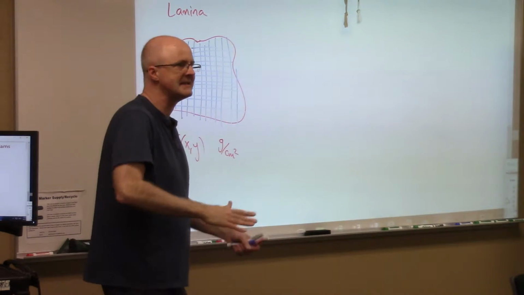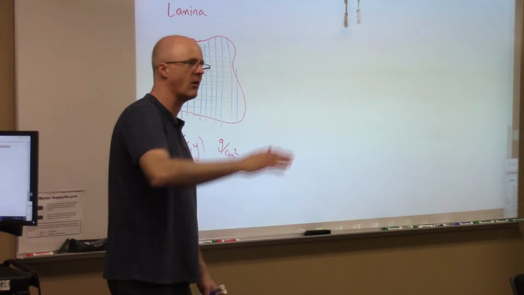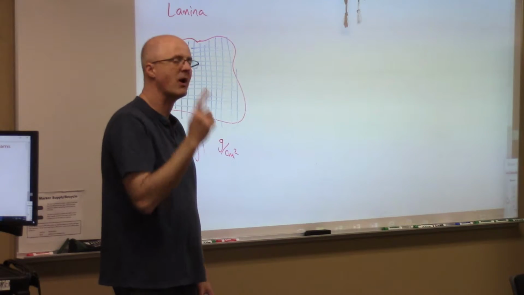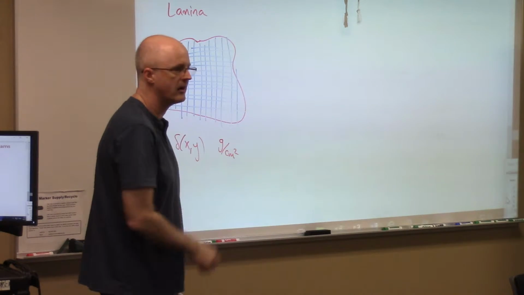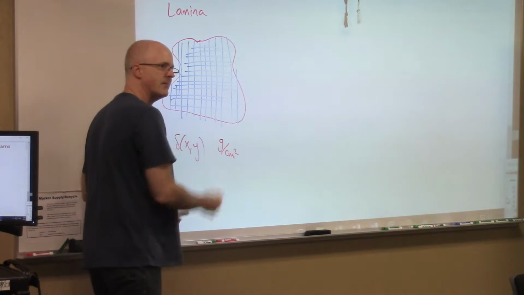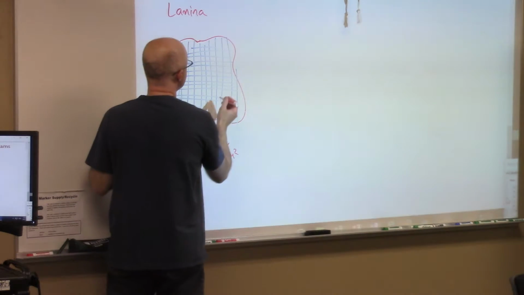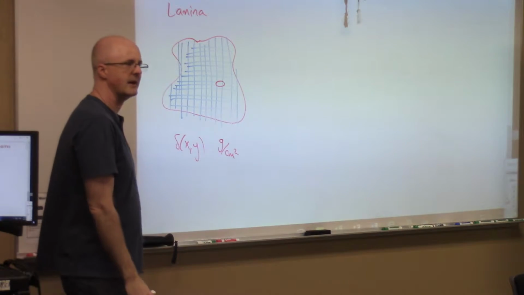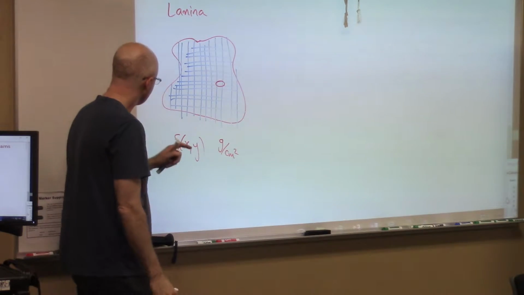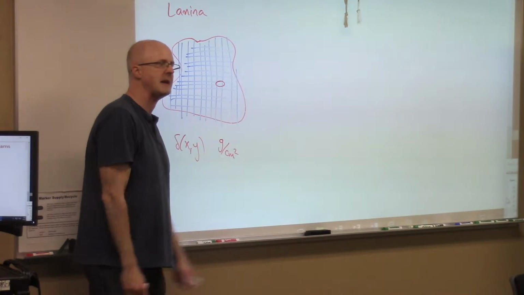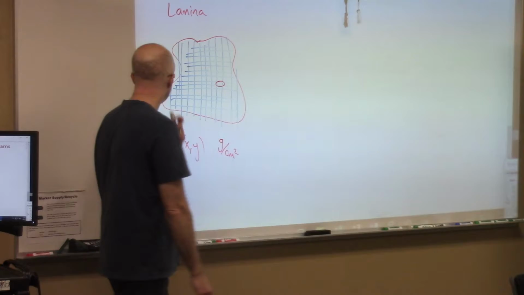Now, instead of the density being approximately constant along thin horizontal slices or thin vertical slices, it's approximately constant along the little tiny rectangles that my chopping this region up results in. So you might have a little tiny rectangle like that. If it's small enough, the density is approximately constant, I could find the approximate mass of that little tiny chunk.